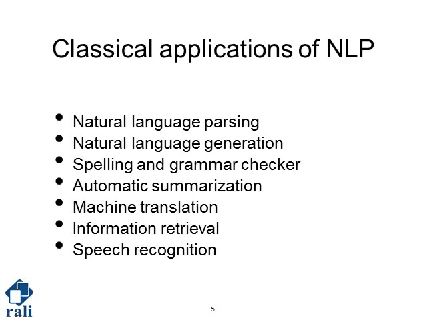So this is one classical application of NLP, and there are plenty of ways of doing that, both statistical or symbolic ways of trying to understand what are the components, say, of a sentence or an utterance.